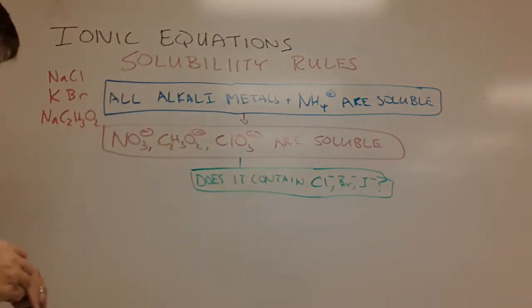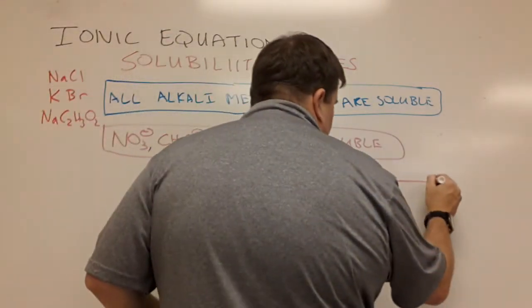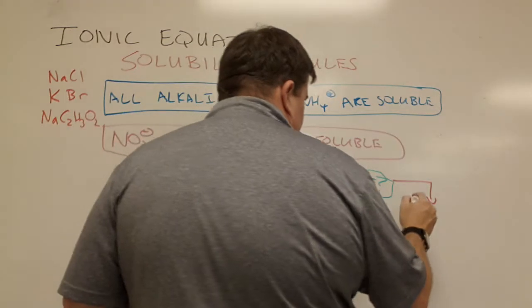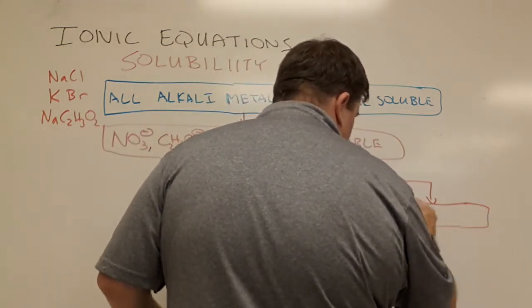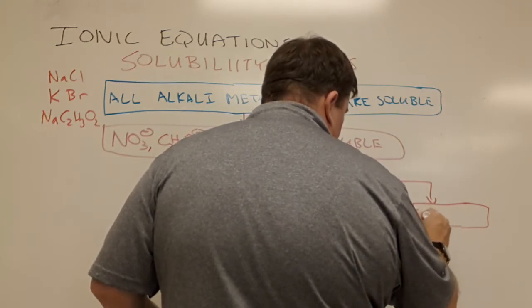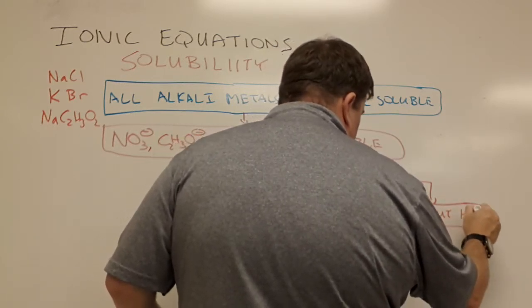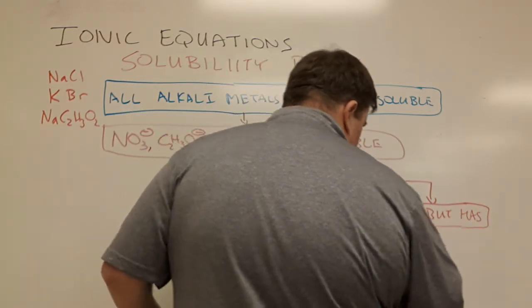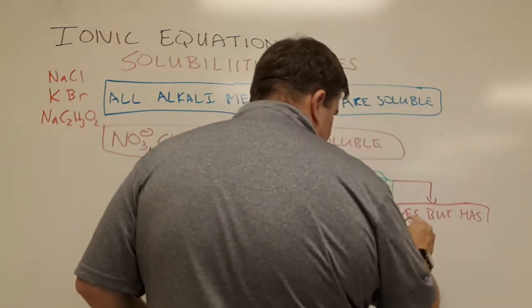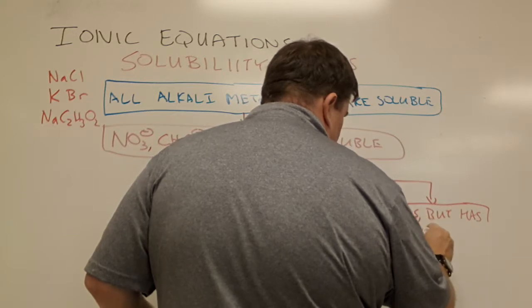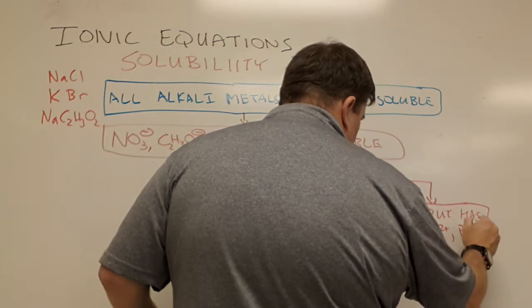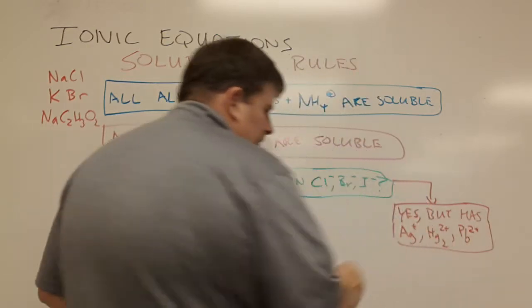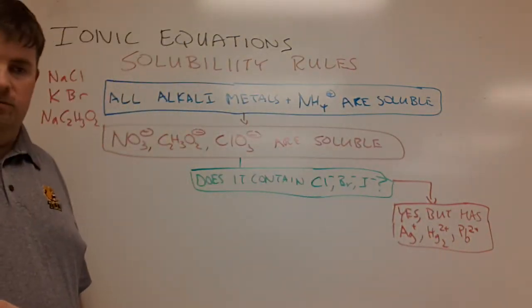Now at this point, my flowchart can branch off into two different directions. And that is, if it contains but has silver, lead, or mercury, all of those are going to be considered insoluble, right?